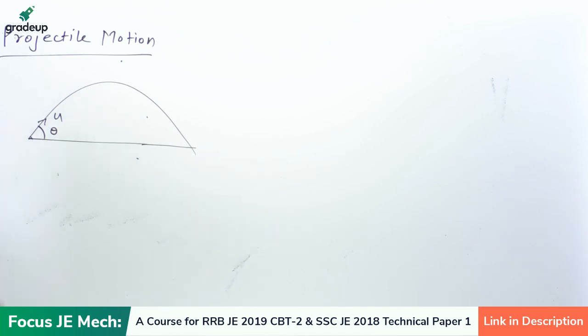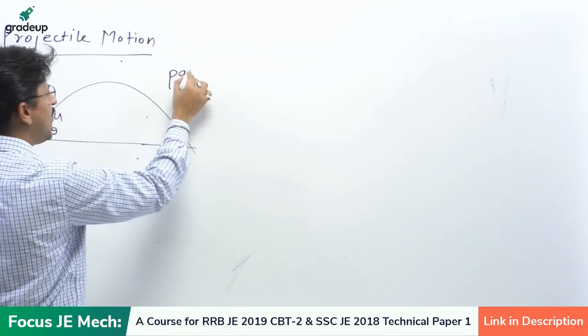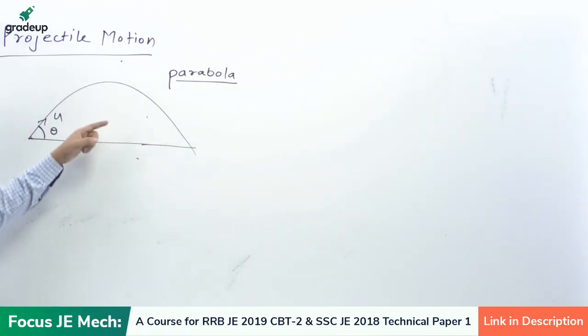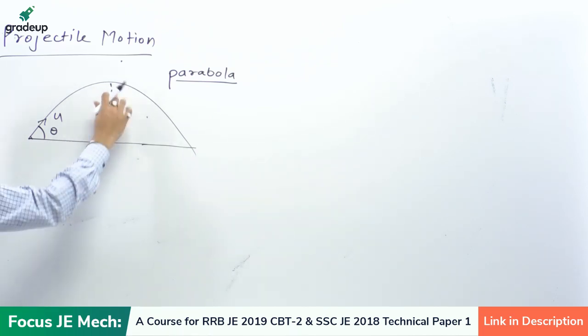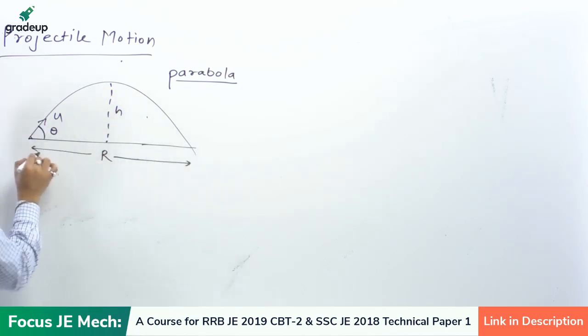This type of motion is known as a projectile motion, and the path which it follows is a parabolic path, or a parabolic trajectory. Clear? Then there are basically three things which you need to find out here. One is this maximum height, one is your range, and one is the time of flight.